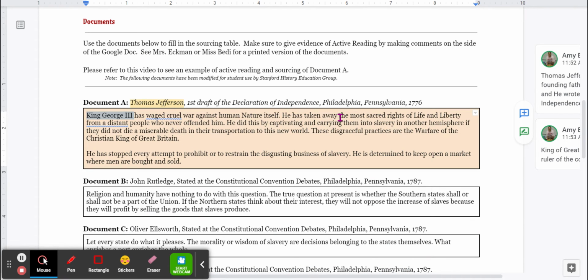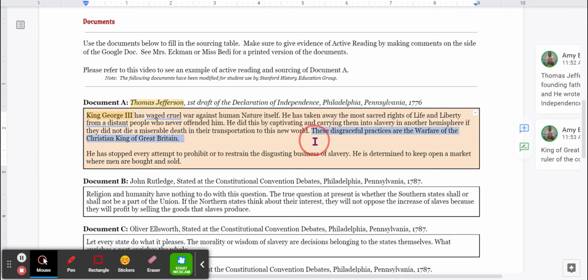He has taken away the most sacred rights of life and liberty from a distant people who never offended him. He did this by captivating and carrying them into slavery in another hemisphere if they did not die a miserable death in their transportation to this new world. These disgraceful practices are the warfare of the Christian king of Great Britain.